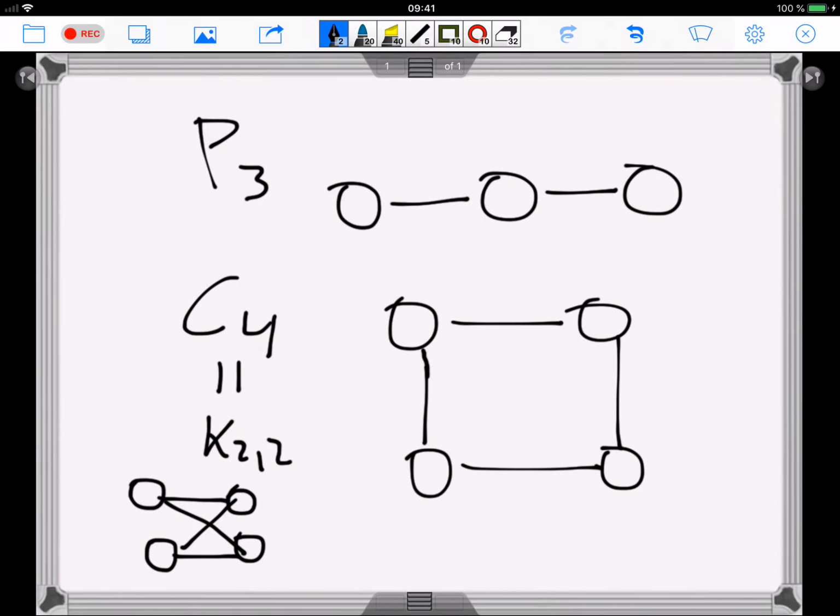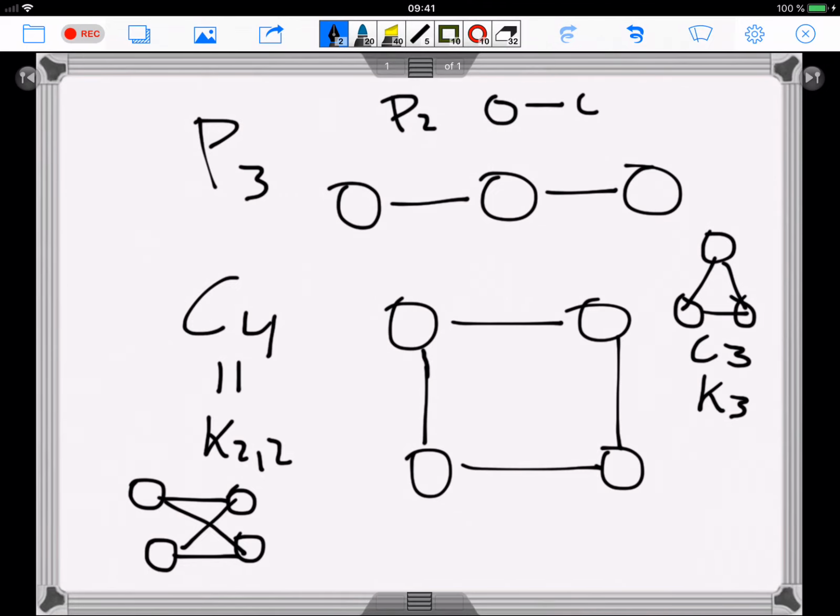Okay, and also notice that, for instance, if I take this graph here, this graph is both C3 and also K3. It is the complete graph of 3 vertices, but it's also C3. It's a cycle of length 3. And for instance, P2 is also K2.